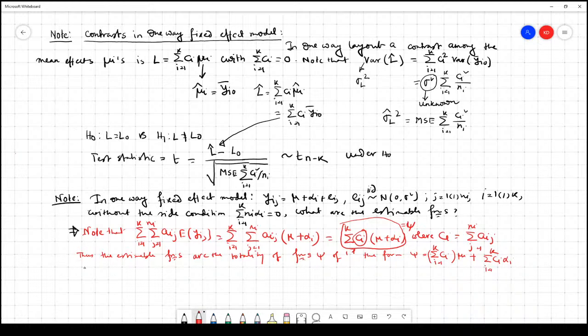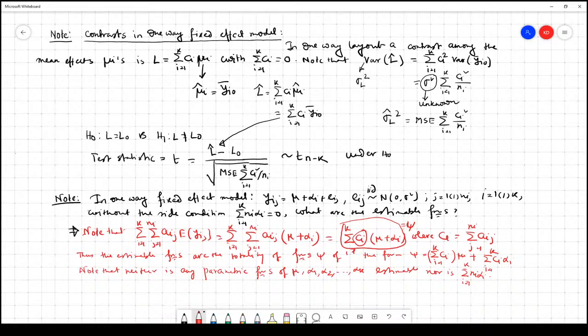Note that neither is any parametric function of mu, alpha 1, alpha 2, alpha k estimable, nor is sum over I from 1 to k in alpha.